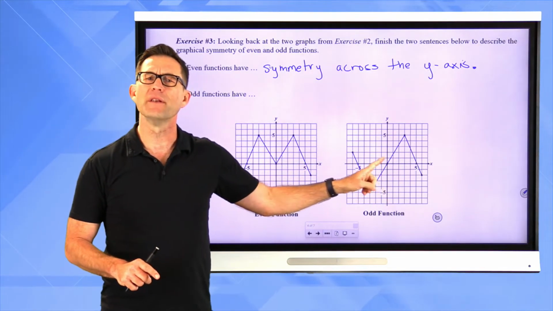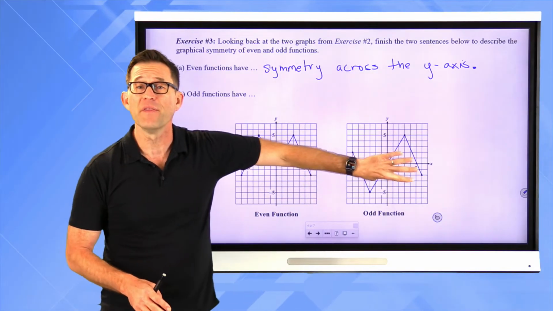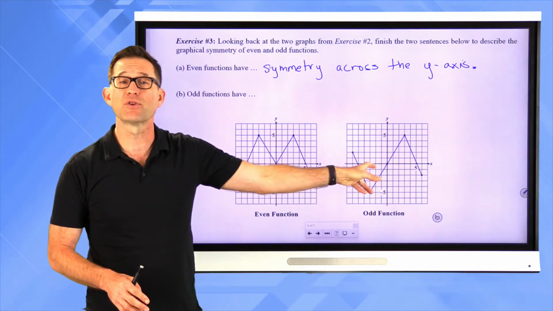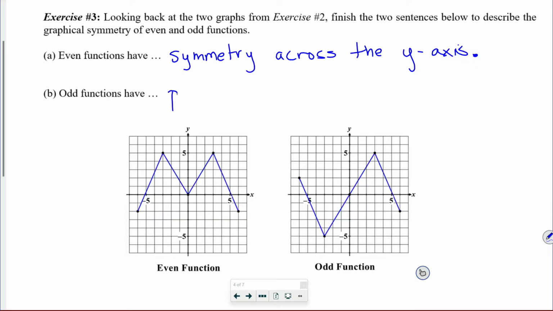Odd functions are a little bit more difficult to describe, at least for me. Maybe they aren't for you. But these have what are called point symmetry across the origin. So odd functions have point symmetry across the origin.